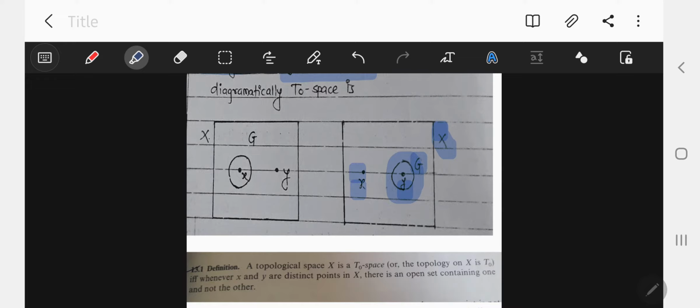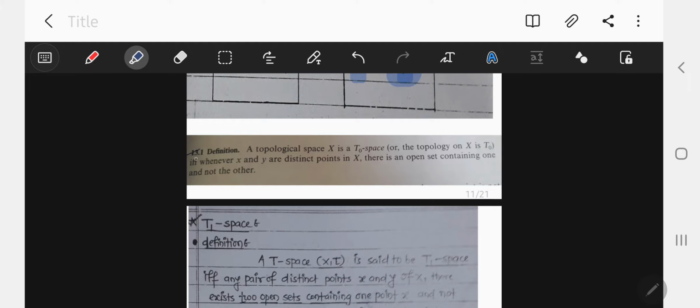This is T0 space. In the definition, the topological space X is said to be T0 space if and only if x and y are two distinct points in X, there is an open set containing one but not the other.